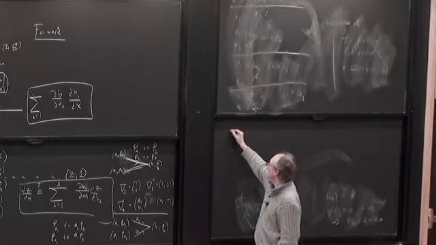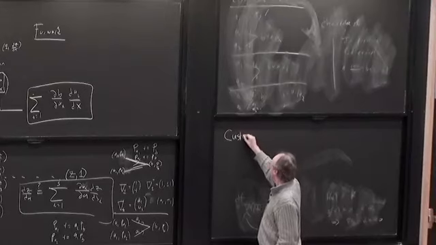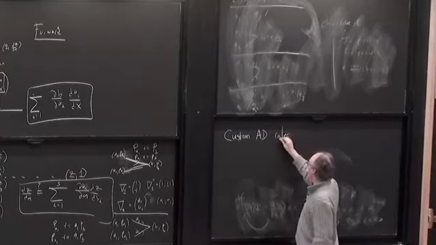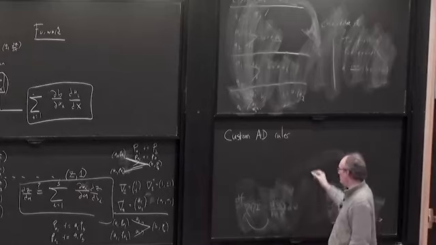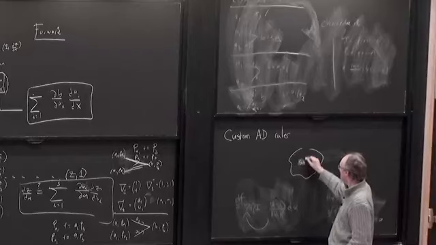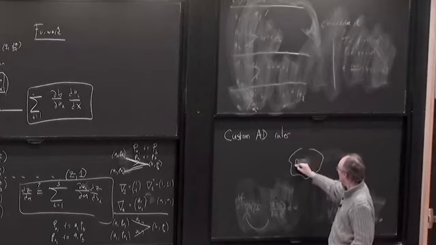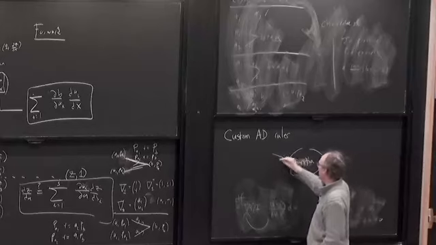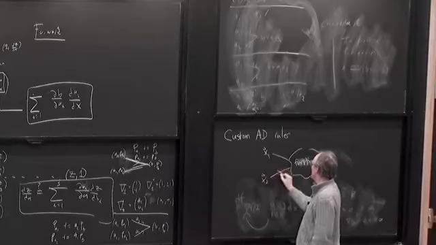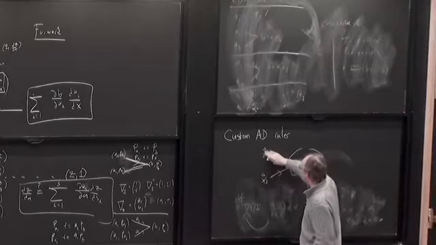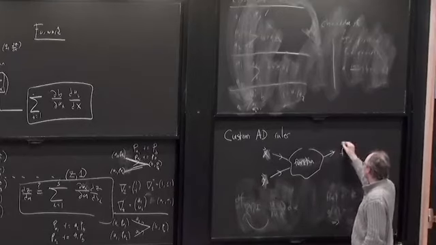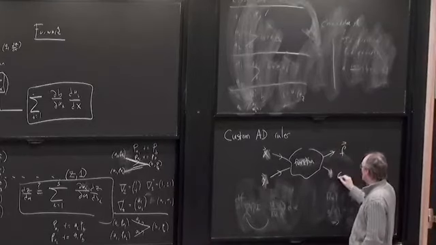I really believe that. So for example, one very practical thing that I was hoping to cover, but didn't get to, is how to do these custom AD rules, right? So suppose you have a box. This is your program, or maybe just a subroutine in your program, a function that takes in an x and y, where x is a vector, and outputs an f and a g.